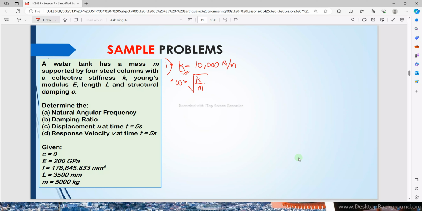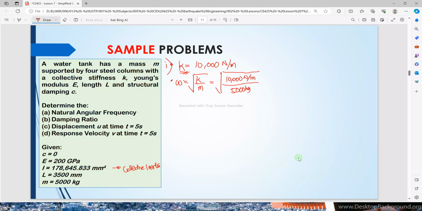Here it is indicated that this is a collective stiffness, so this is for the 4 sections. So that is just equal to square root of 10,000 Newton per meter divided by 5,000 kilograms.